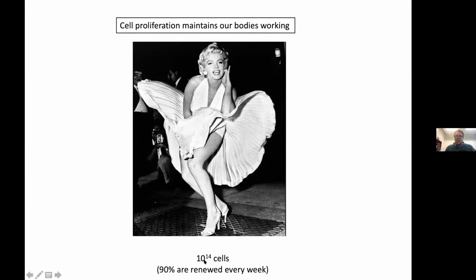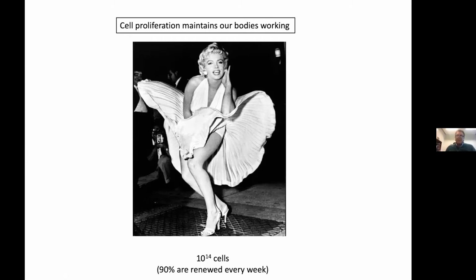This is comprised of 10 to the 4th number of cells. And one of the amazing characteristics of this organism is that it is estimated that about 90% of these cells are actually renewed every week. So cell proliferation is something that is happening all the time, and it is what actually keeps our bodies working.